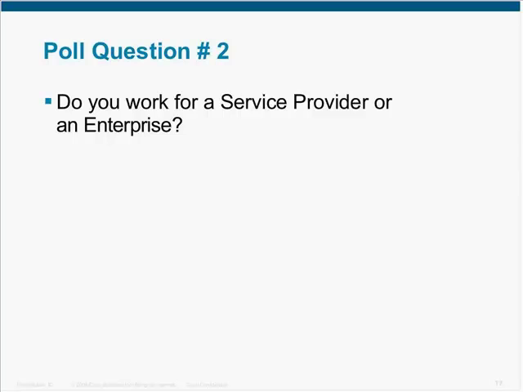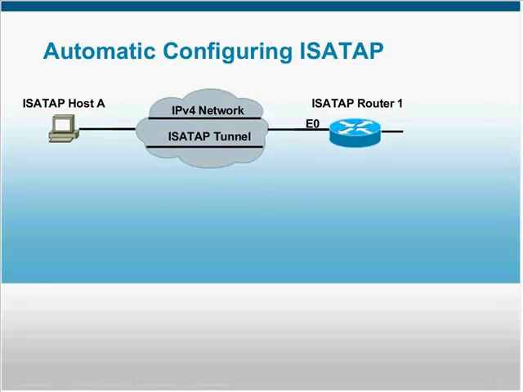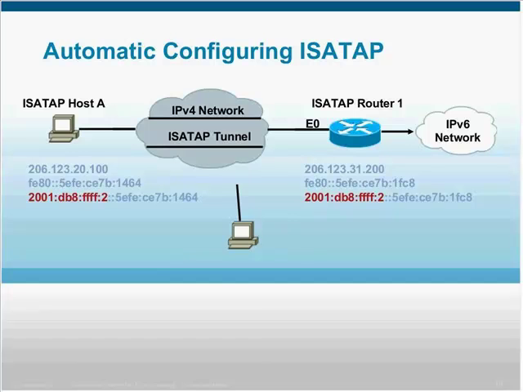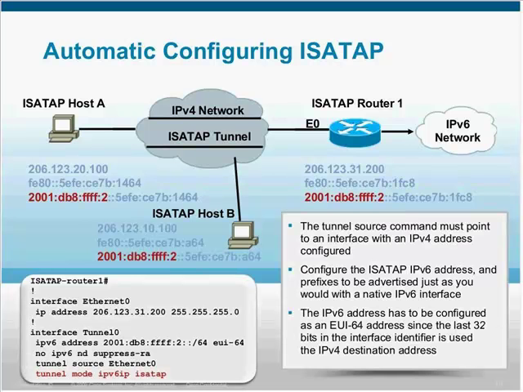Thanks, Ken. In this other slide, we show that a second host, host B, has come online, and if you look at the IPv4 address of this host, it's not on the same subnet as the first host.